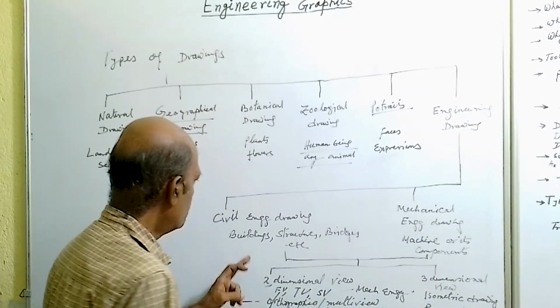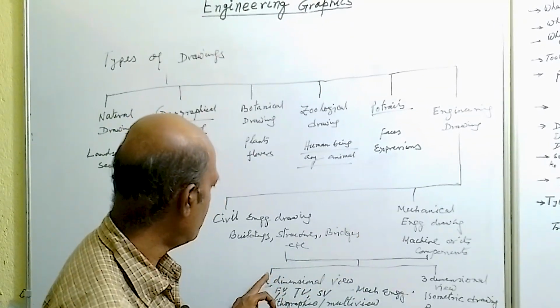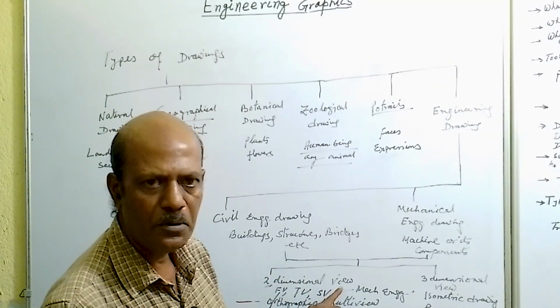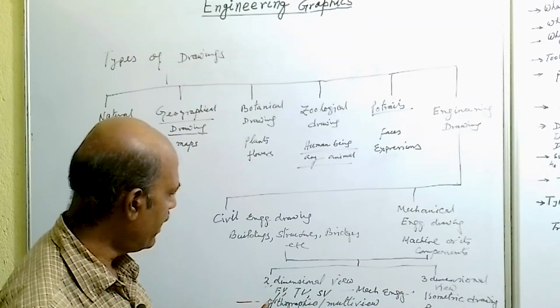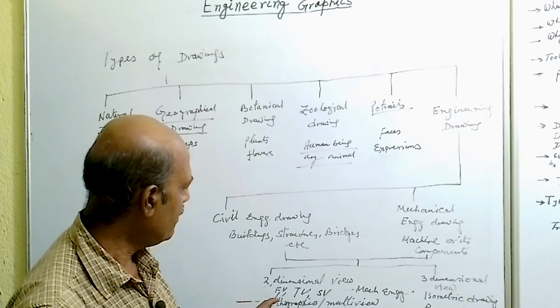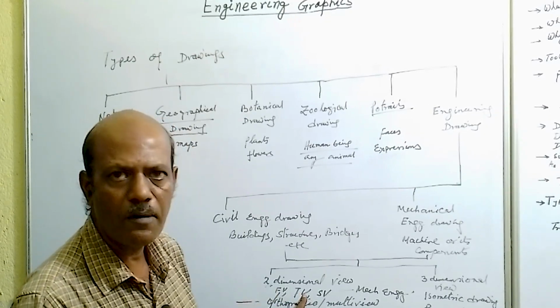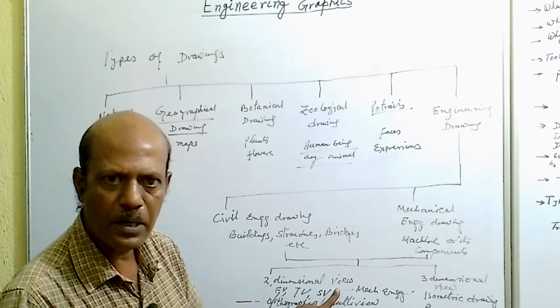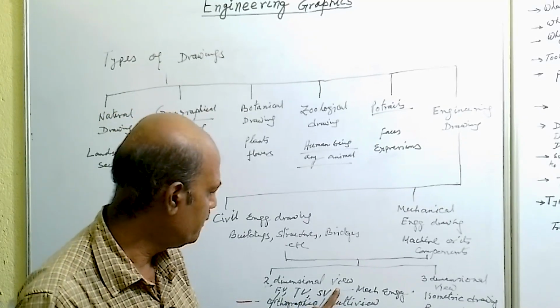Again, these two, civil engineering drawing and mechanical engineering drawing, can be drawn with the help of two-dimensional view or three-dimensional view. Two-dimensional drawing is known as orthographic or multi-view drawing, and in mechanical engineering, these views are front view, top view and side view. Side view may be again left hand side view and right hand side view.